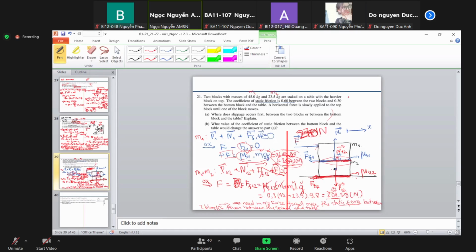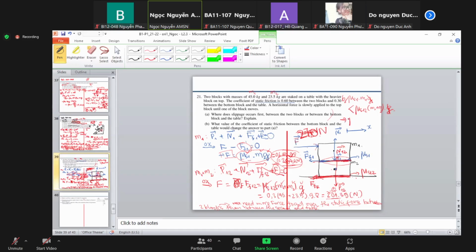Mu S1 M1 g should be smaller than mu S12 (M1 plus M2) multiply g. Right? So remove g.